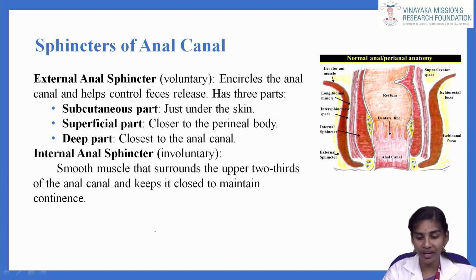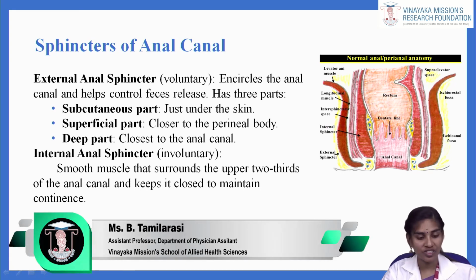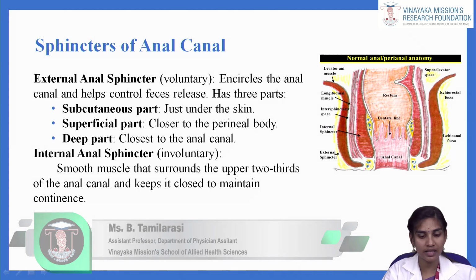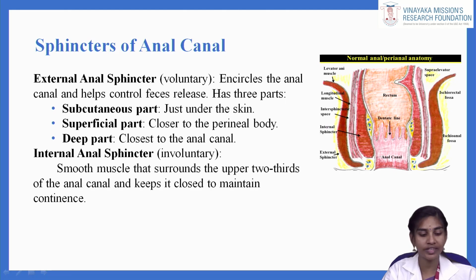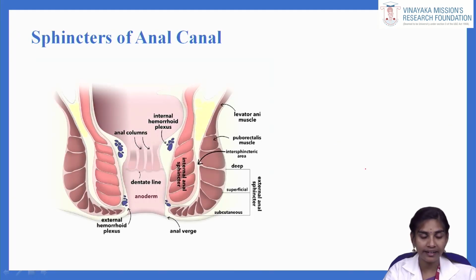The subcutaneous part is just under the skin, the superficial part is closer to the perineal body, and the deep part is closest to the anal canal. The internal anal sphincter is smooth muscle that surrounds the upper two-thirds of the anal canal and keeps it closed to maintain continence. So these are the sphincters of the anal canal.